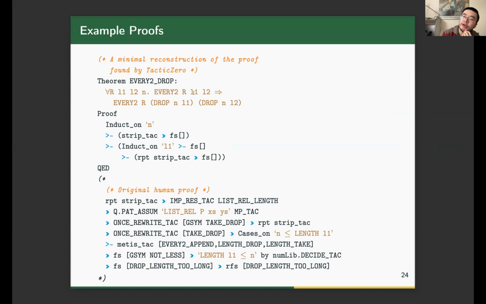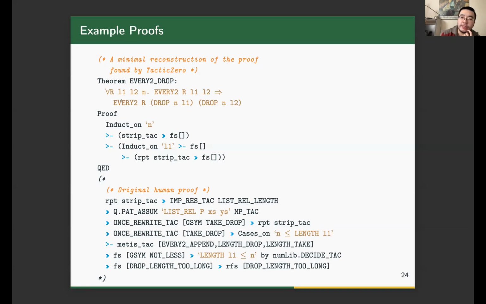For every element in L1 and the corresponding element in L2, R relates these two elements. So the first element of L1 is related to the first element of L2, and the second element of L1 is related to the second element of L2.